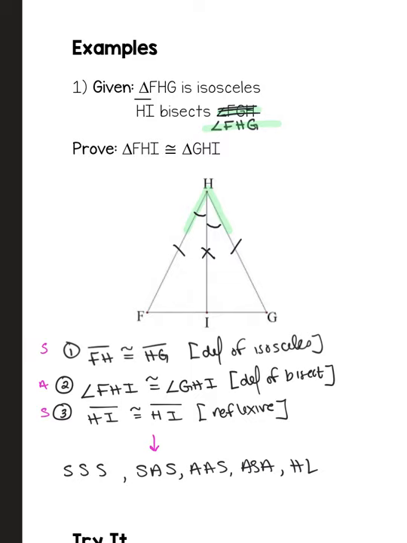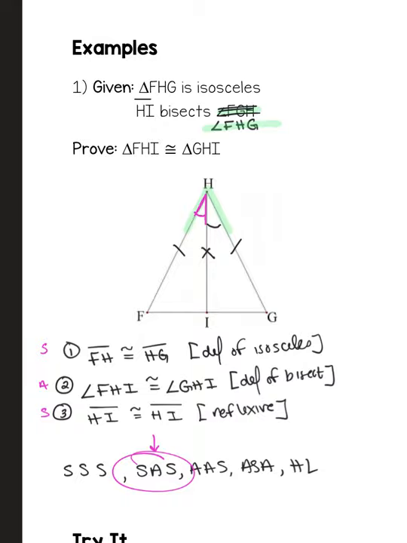I need to make sure that angle is included. So if I look at my diagram, I want to make sure my angle is touching both of my marked congruent sides, and it is. So those triangles are congruent by side, angle, side.